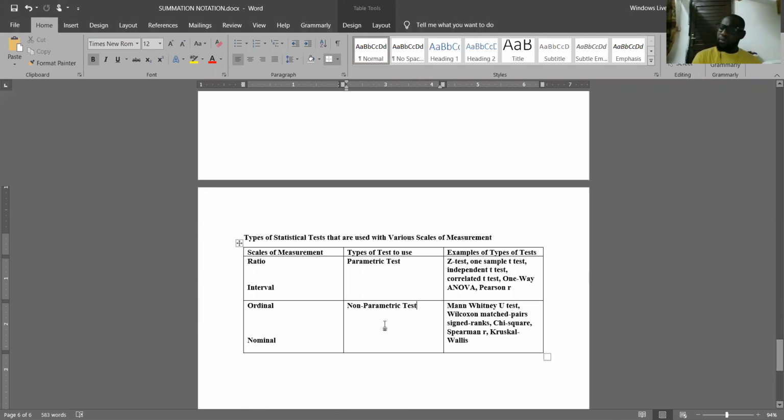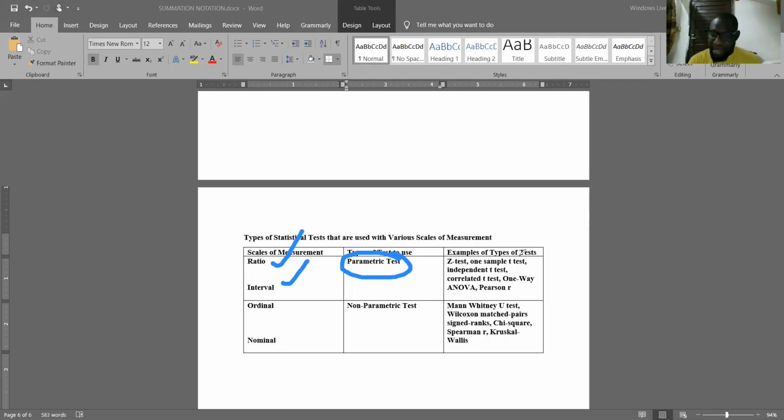You also need to know the scales of measurement, the type of test you're supposed to use, and some examples of these tests. Whenever you realize that within a question, whatever variable they are measuring is either ratio or interval, then you have no other option than to use a parametric test.